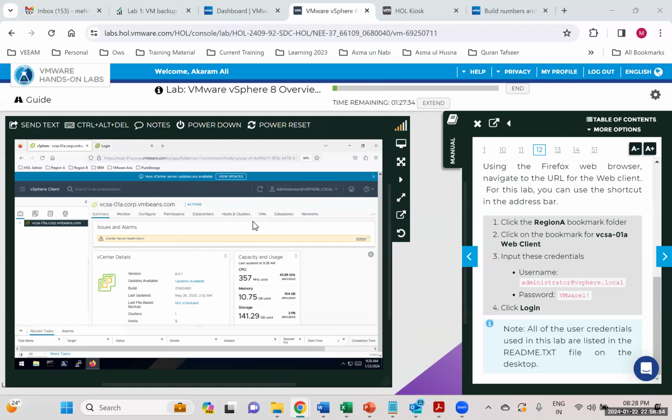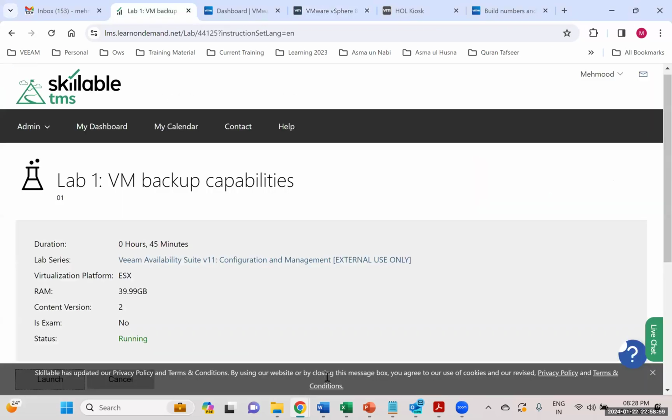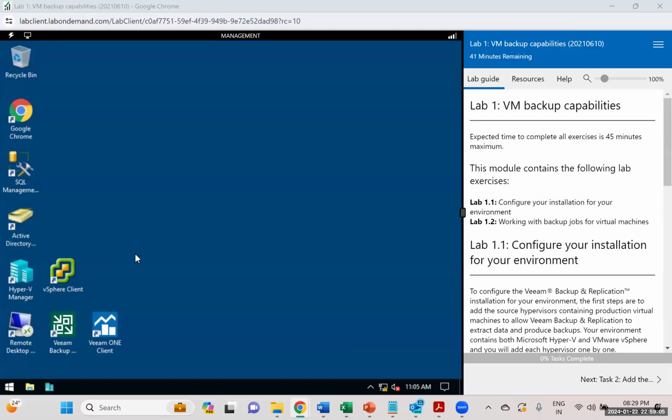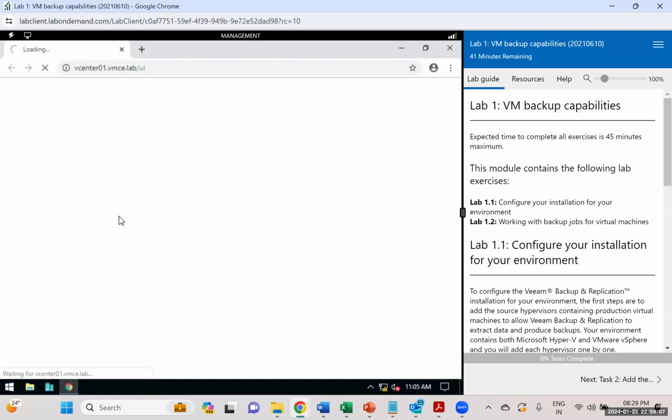Now what you're doing is the free labs available. I'll show you the real labs that we generally use. Okay, so this is the lab. I will launch it. The vSphere client is nothing but the tool you use to log into your ESXi hypervisor.